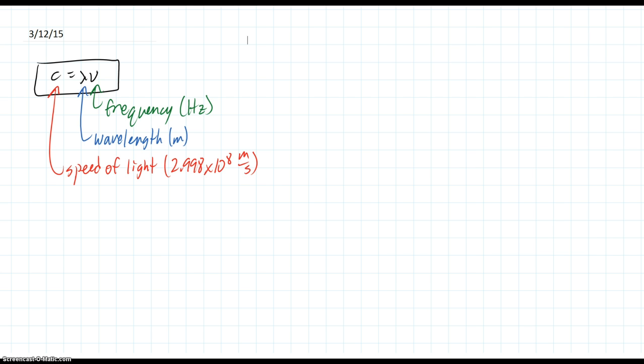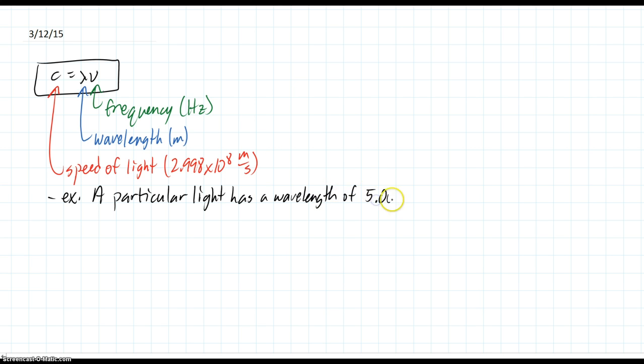As an example of a problem using this, let's say that a particular light has a wavelength of 5.00 times 10 to the negative 7 meters, and we want to find the frequency of this light.